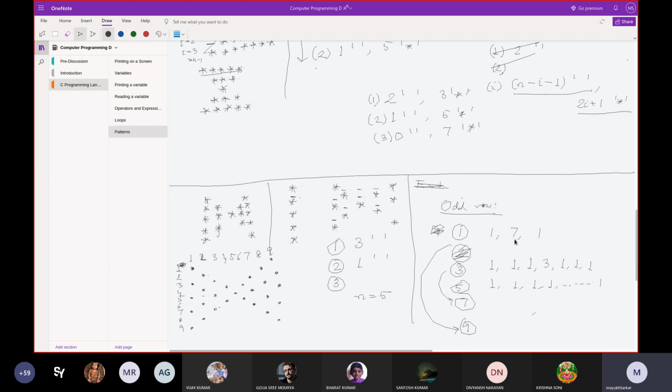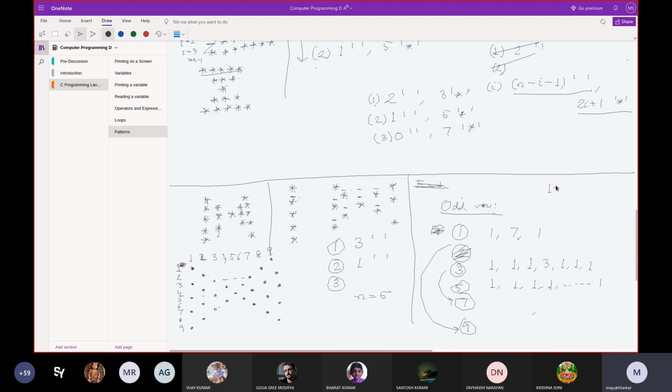Now from here, you can observe that for the ith row, there are i by 2 number of stars, with spaces in between. Then the number of spaces: it is 1 here, then 3, then 4, 5, 6, it is 7.